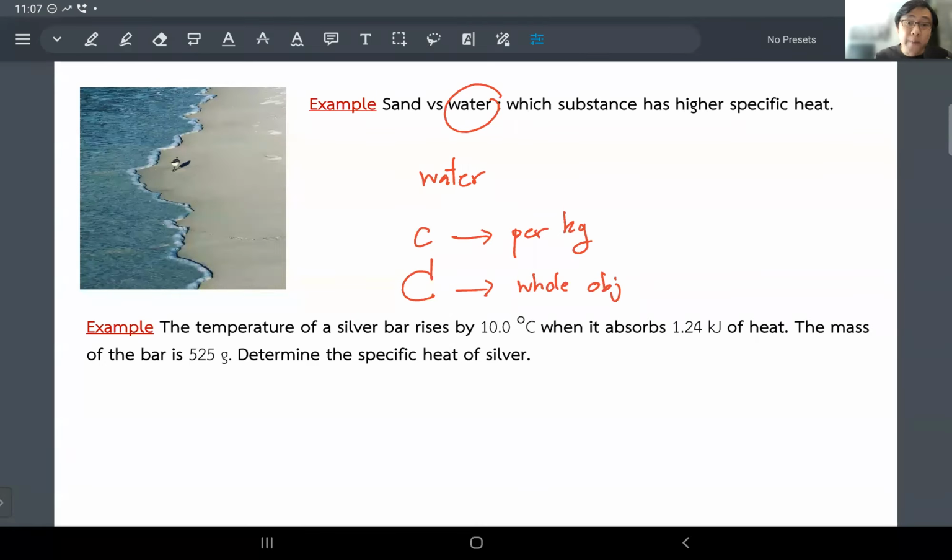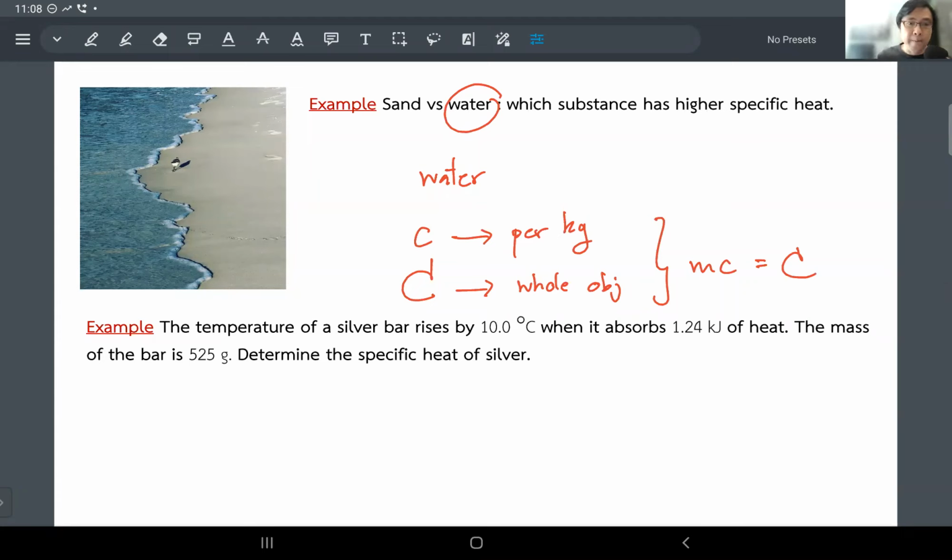But if you want to compare the whole object, you might bring a tiny piece of a metal with a large specific heat and compare it with a big chunk of stuff that has a small specific heat. You have to take the product of m and c to get to the capital C. Does that answer your question? So the specific heat is per kilogram.